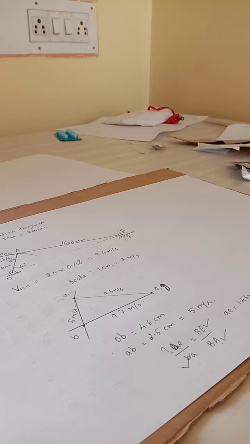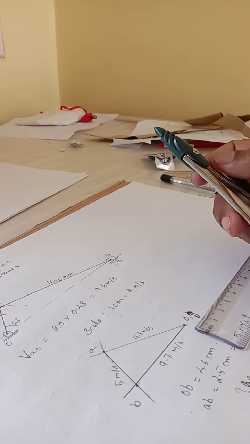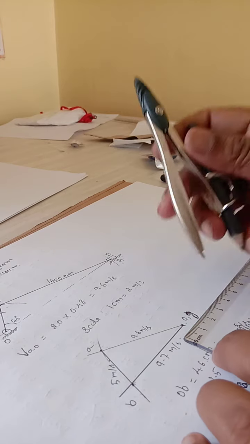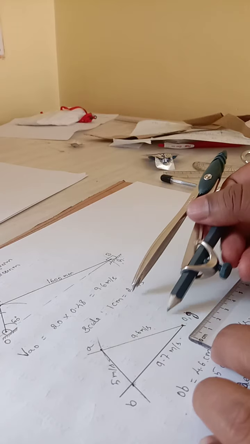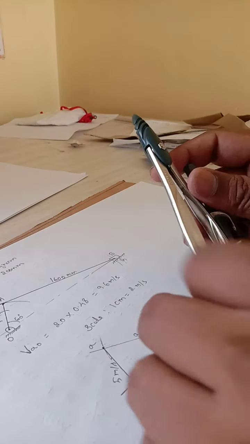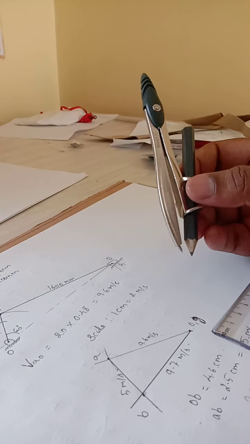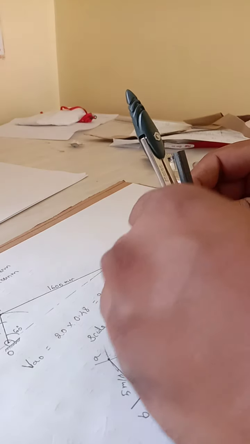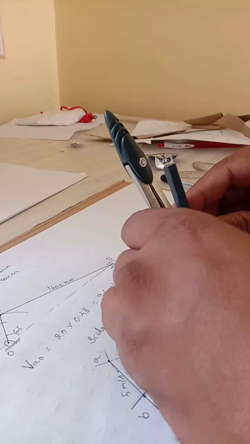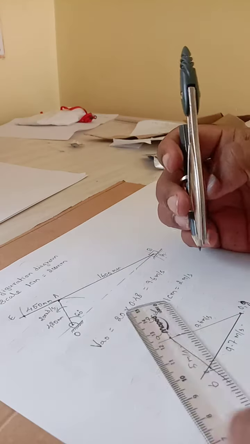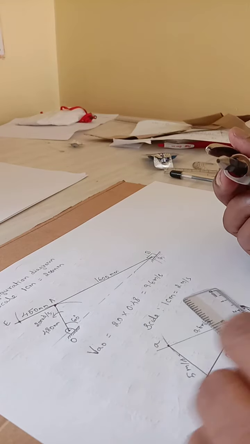So further I have to transfer this 1.48 meters per second AE. I have taken the scale, that is 1 centimeter is equal to 2 meters per second. So 0.5 centimeter will be 1 meter per second. So for 1.5 meters per second, I have to take 0.7 centimeters. I have measured 0.7 centimeters, and I have to extend it.